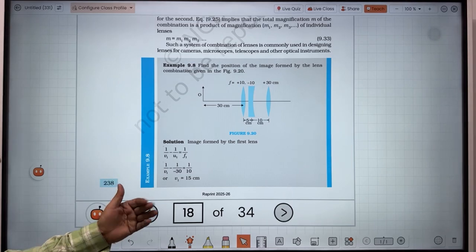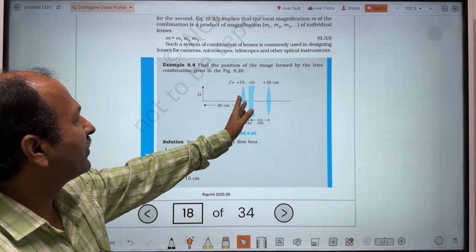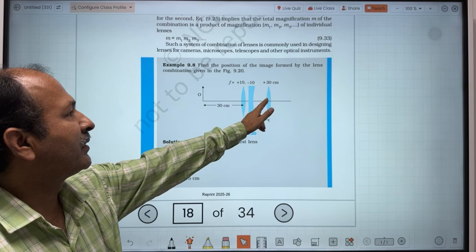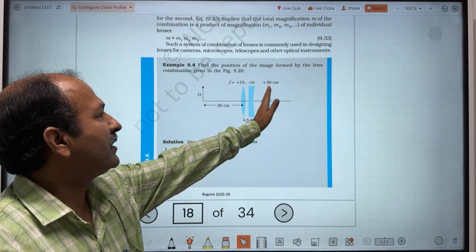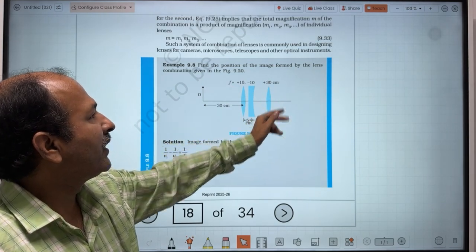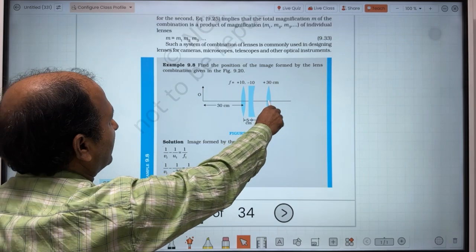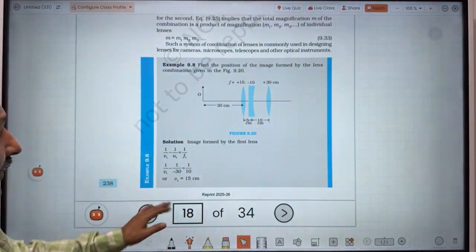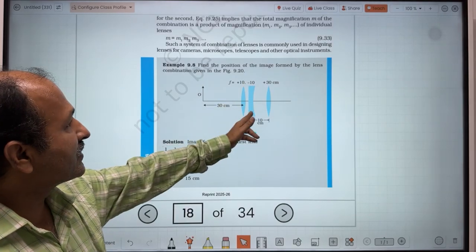It means what? The image will be in this direction, here at 15 centimeter distance. So we assume that this lens is not there, and here there is the final image of this object. Now we have to consider the next lens.